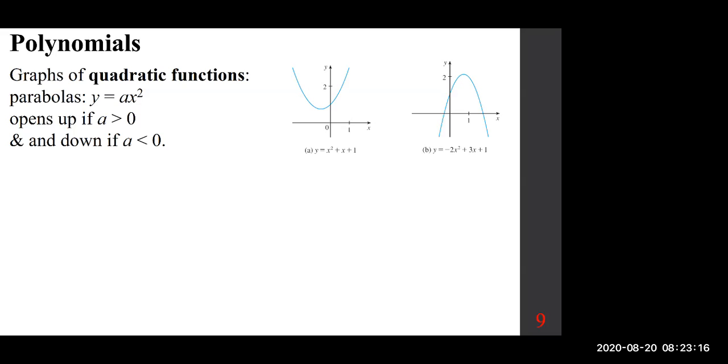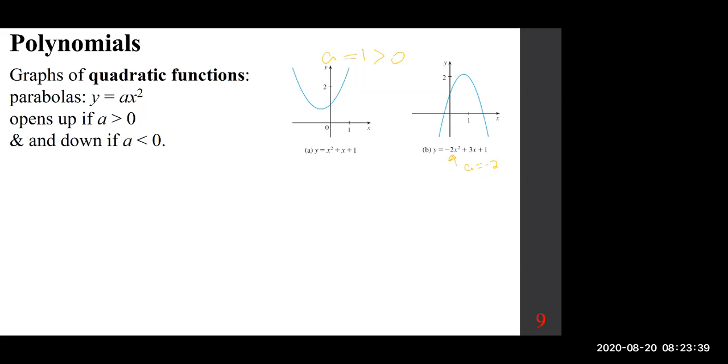So in this case, for example, a equals 1, which is positive. And in this case, a is negative, and it opens down.